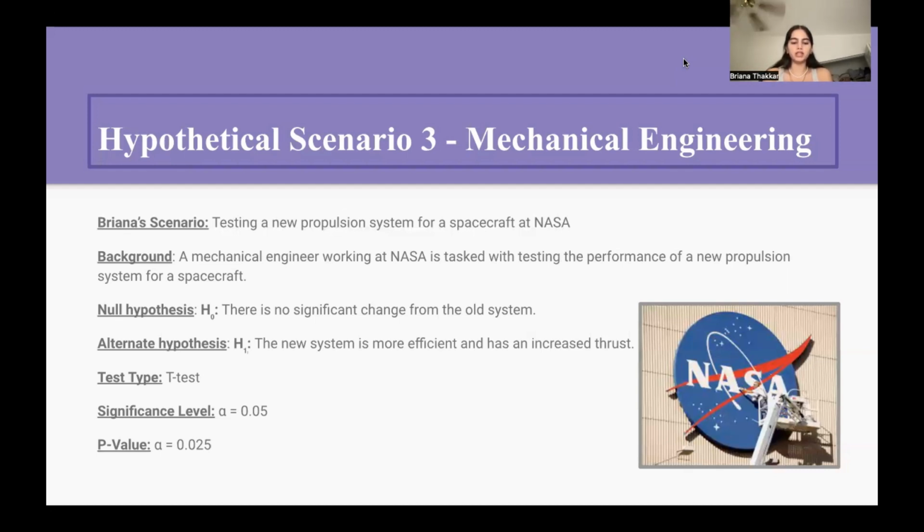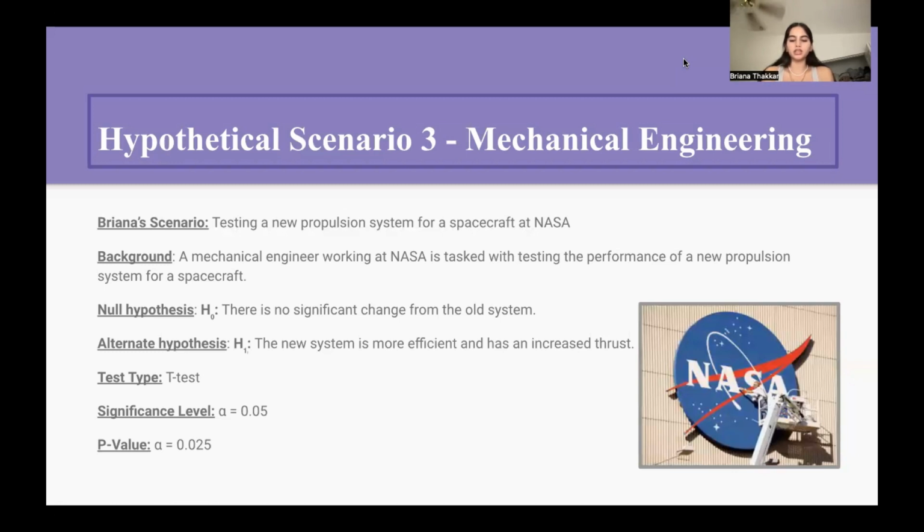So with this, the experiment that is conducted is the engineer selects a spacecraft with the old propulsion system and a spacecraft with the new propulsion system. Both subjects are set off with the same operating conditions and environments, and with that they collect data based on specific impulses, thrust output, and fuel consumption rate.